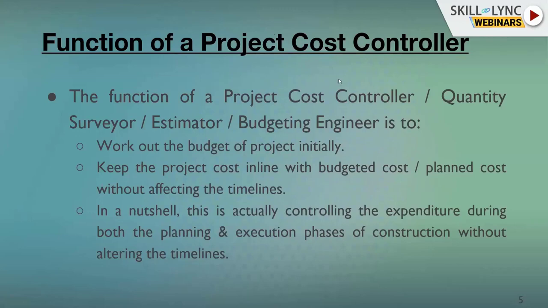In a nutshell, this is controlling the expenditure during both the planning as well as the execution phases of construction without altering the timelines. This is basically the major job requirement, the JD we can call it, of the project cost controller. We'll go to the next slide. Then work out the budget of projects initially. Next slide, please.